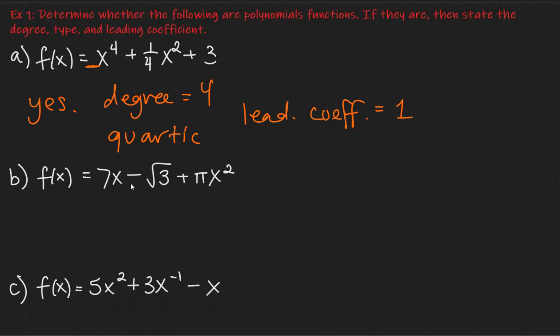The only thing we have to check is to make sure all our exponents are positive whole numbers. Yes, here's a squared, so that's good. Here's a first power, that's good. And then here's a constant. So yes, this is also a polynomial. Now let's rewrite it in standard form though. So f of x is equal to pi x squared, because that's the biggest exponent we see here, plus 7x minus rad 3.